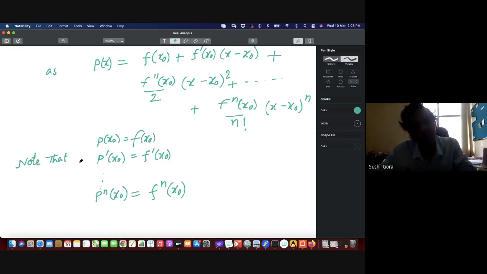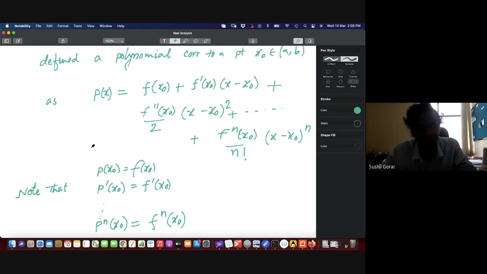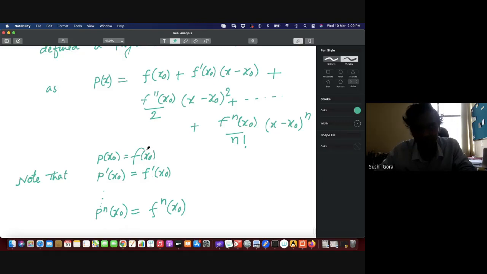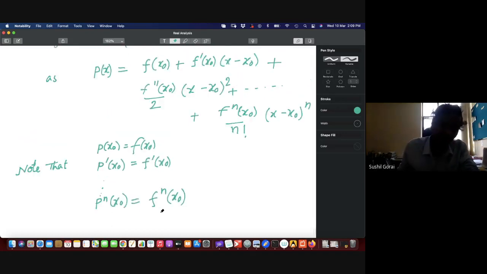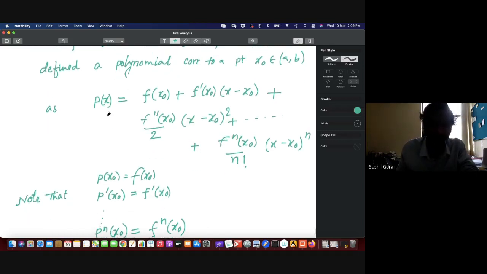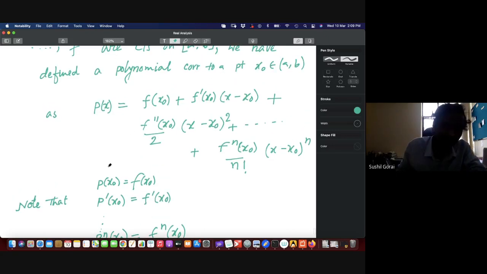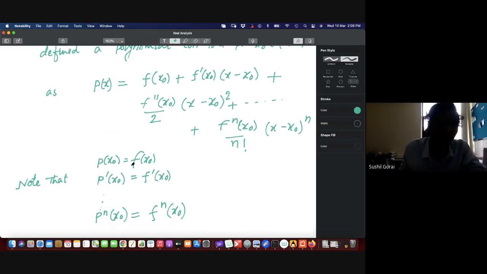So P is a polynomial created in such a way that the derivatives up to order n at x naught are the same as the derivatives of f up to order n. So the derivatives match. And we have seen that this is a unique polynomial satisfying these properties.